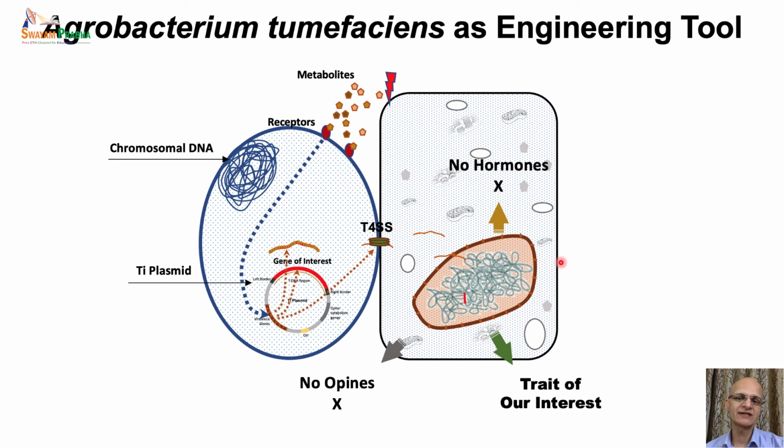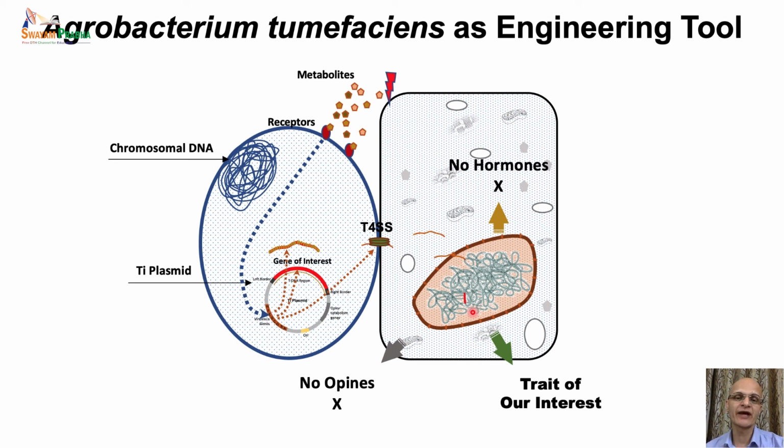These transformed cells divide and form the callus, and usually selection markers like antibiotic resistance genes are used for this purpose. That means when the tDNA carries a gene encoding antibiotic resistance, only the transformed cells would be able to grow on the in vitro culture medium supplemented with that antibiotic, and untransformed cells would die or would not be able to grow.